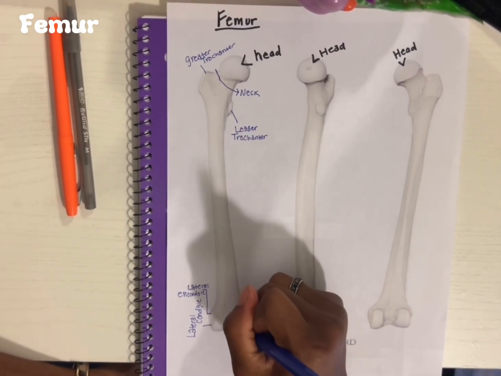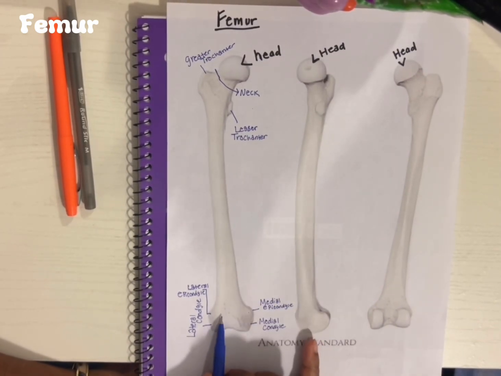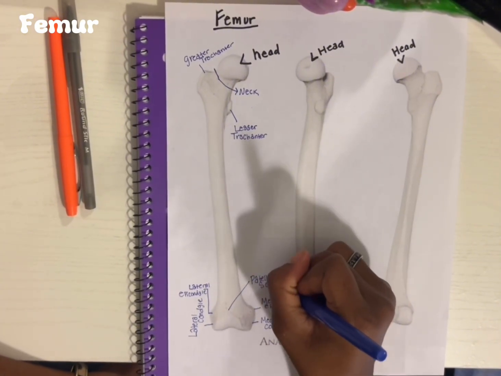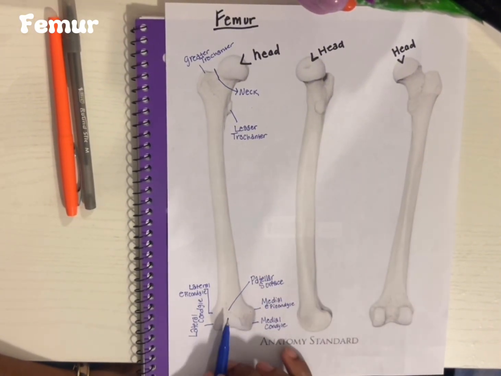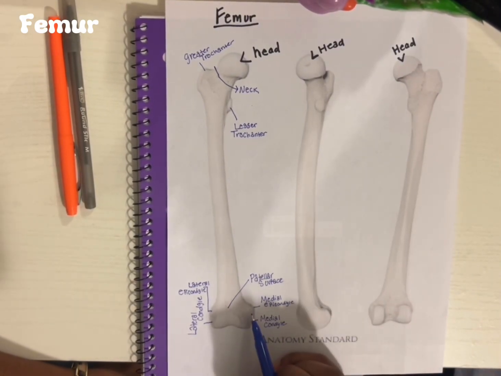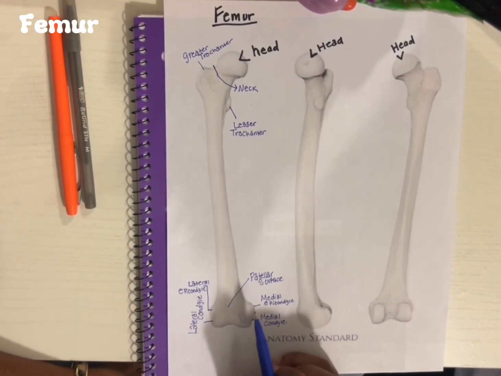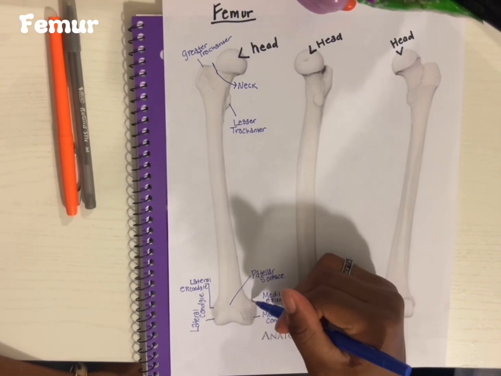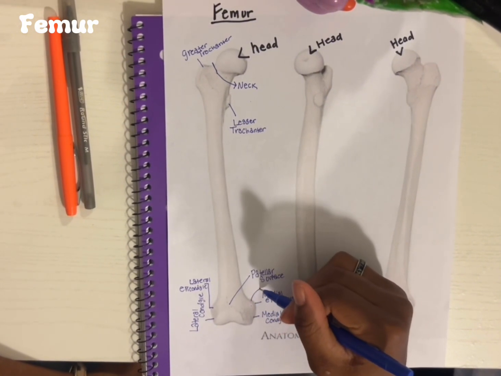So this kind of surface right here. Your epicondyle is located right here. Your adductor tubercle is going to be right here, about this kind of top center.